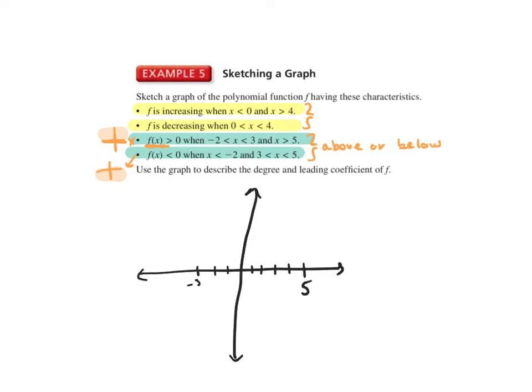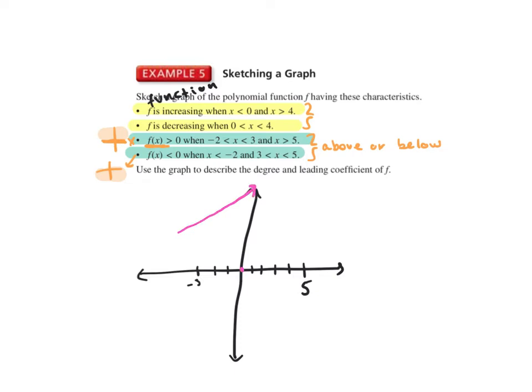So f is increasing, so our function, that's what this stands for, is increasing when x is less than 0 and greater than 4. So our function is increasing when x is less than 0, so it's increasing until it gets to 0 here.